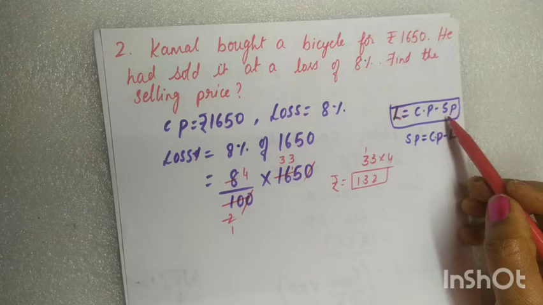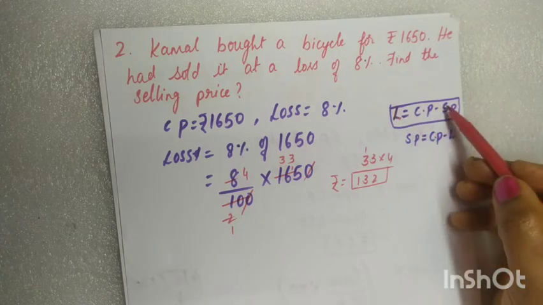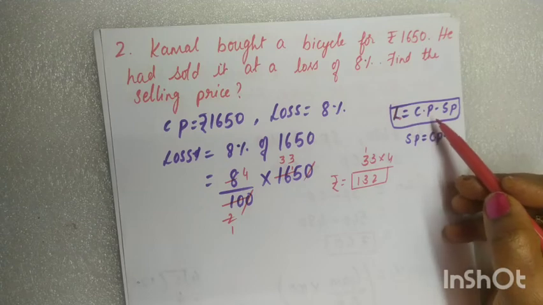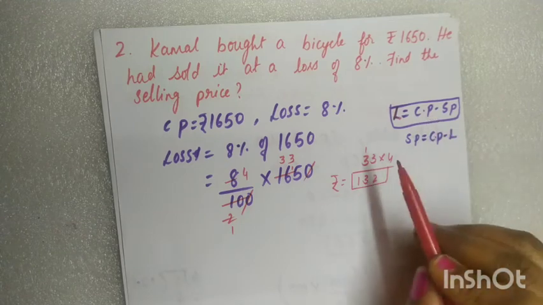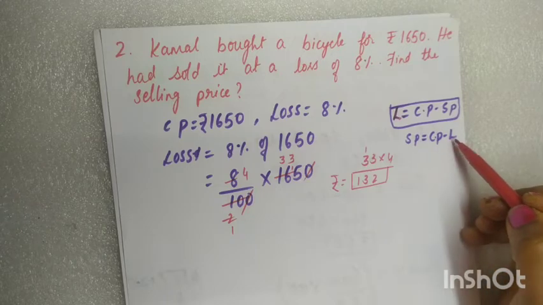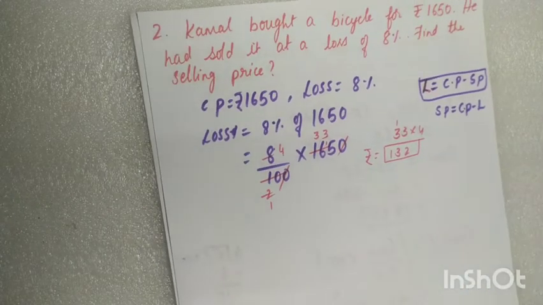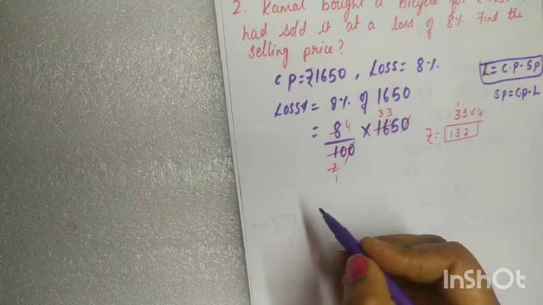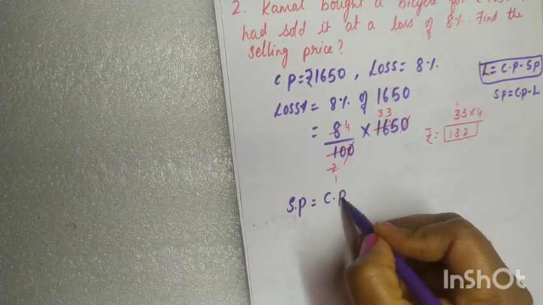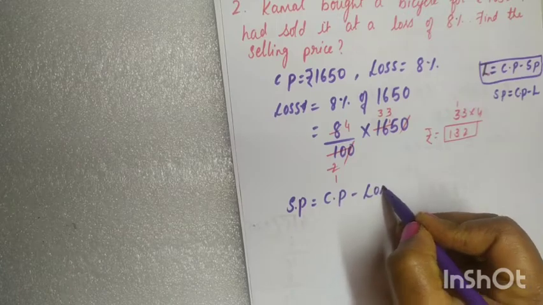If you rearrange this formula, we get selling price is equal to cost price minus loss. So I'll just rewrite once again here: selling price is equal to cost price minus loss.